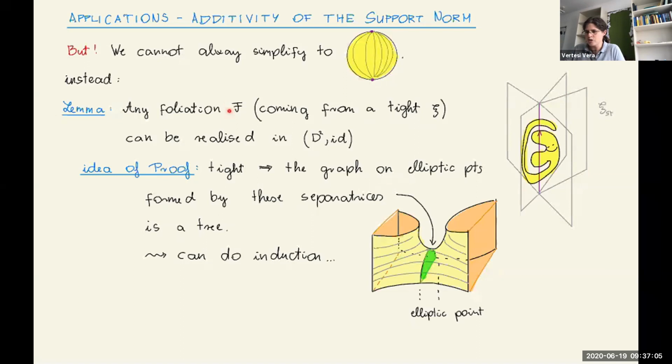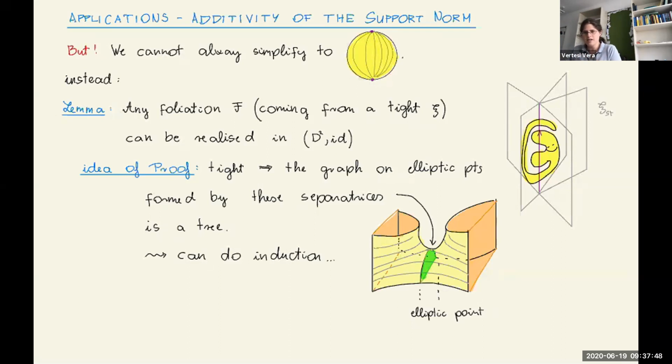So someone gives you a foliation, and I can give you an embedding of S2 into the standard open book so that it has that foliation on it. And I'm using tightness, because anything which can be realized in the standard open book has to be tight. The idea for using tightness is that the graph you can form from the elliptic points by connecting them with the separatrices is a tree.